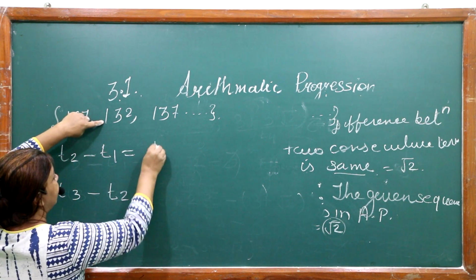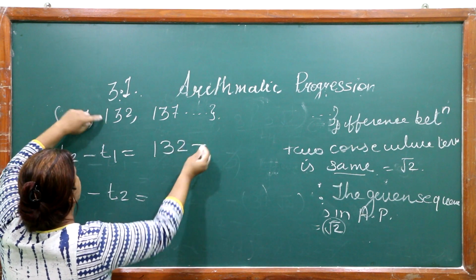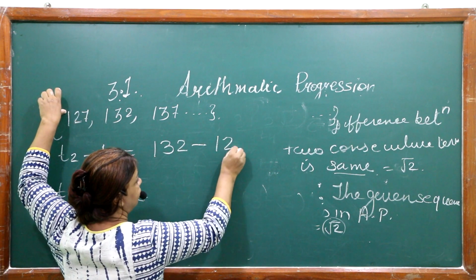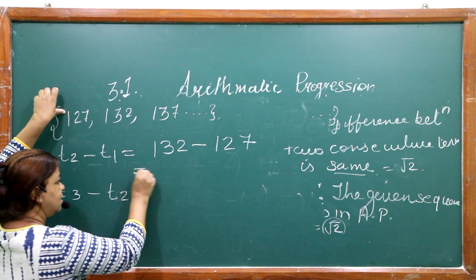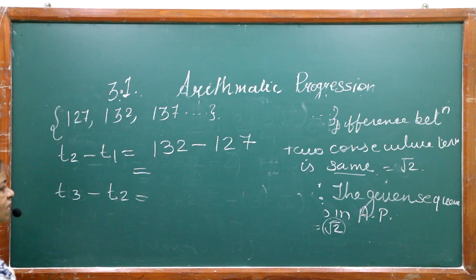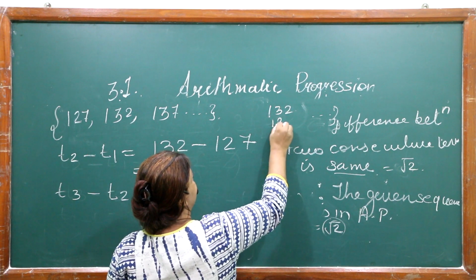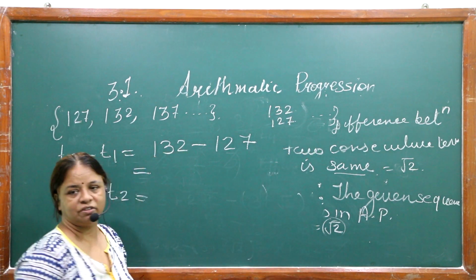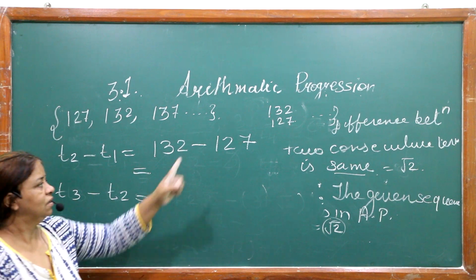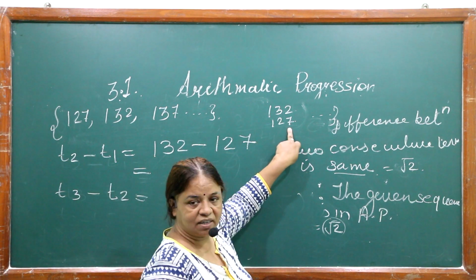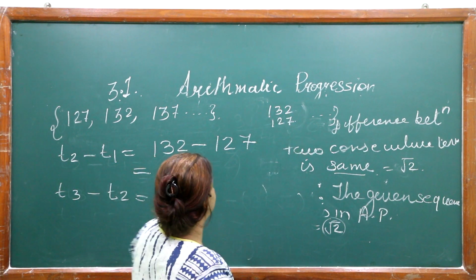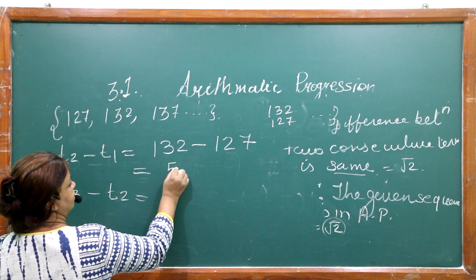Term 2 is 132 minus term 1, 127. How much will it be? 27 plus 3, 30. 3 plus 2, 5. So it will be 5.